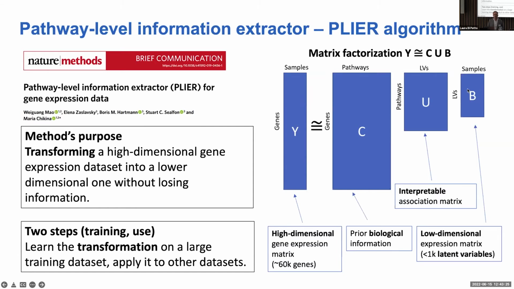Technically speaking, what the algorithm does is a matrix factorization. These datasets are basically matrices, so we can decompose a dataset into a product of 3 different matrices. Let's imagine that we have already trained our algorithm, and we decompose a new dataset into this product, C, U, and B, where C is a matrix which contains biological information.